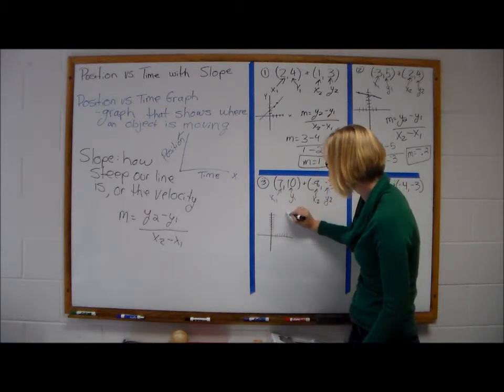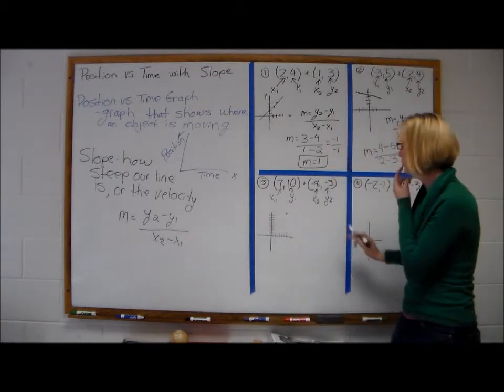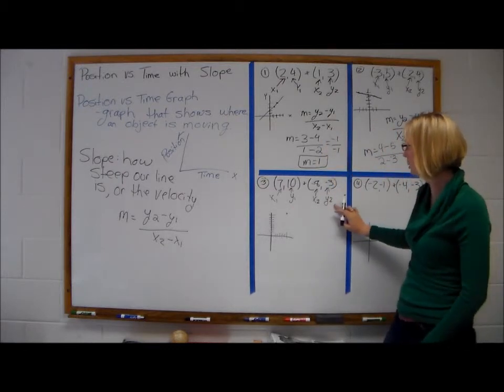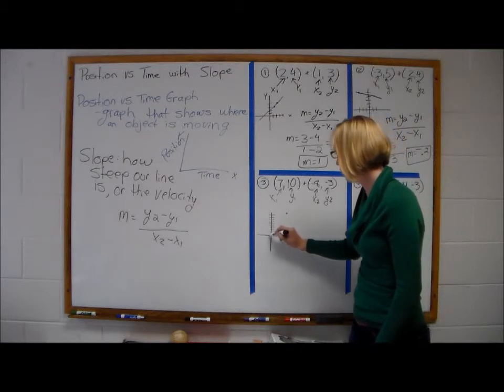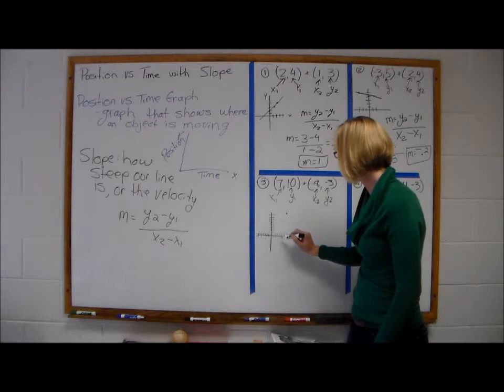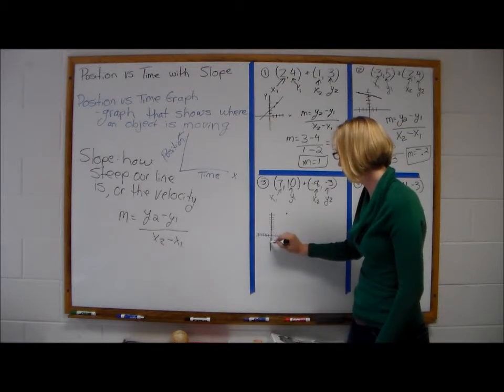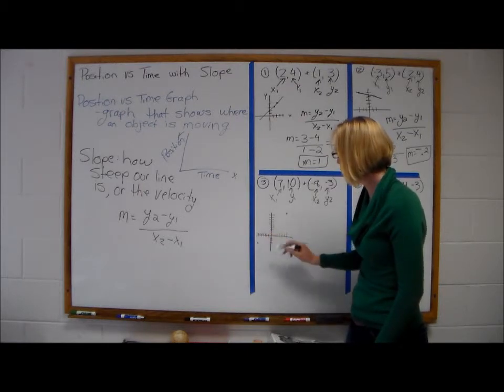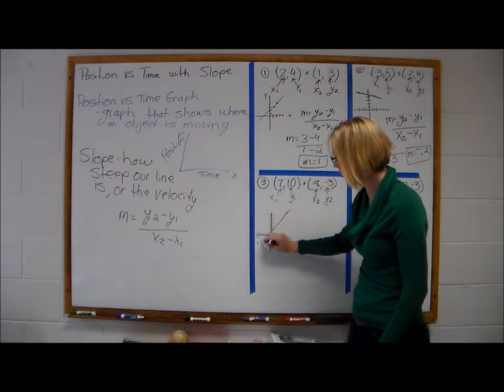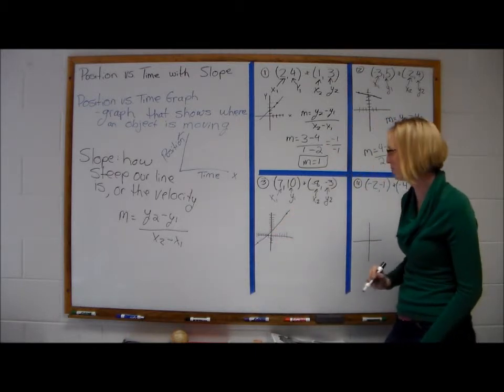So our first stop is going to be about here. Then we have -8 to -3. So over 8, 1, 2, 3, 4, 5, 6, 7, 8. Down 3, 1, 2, 3. Second dot is going to be here. Draw a straight line to connect them.